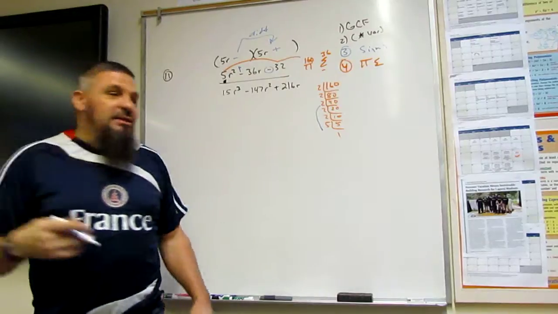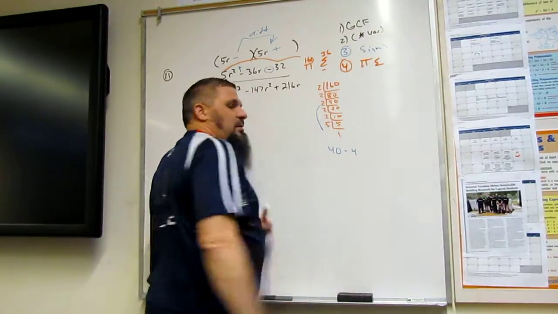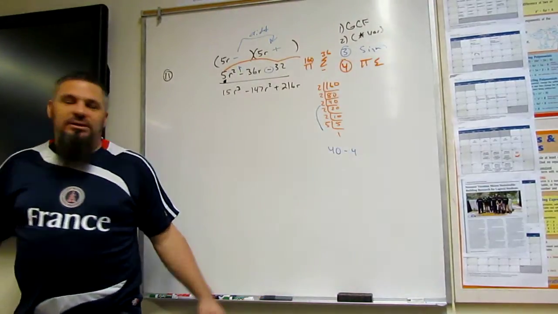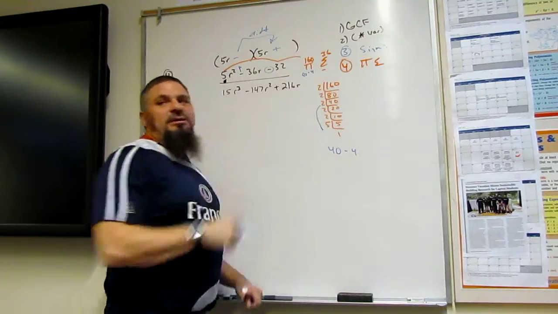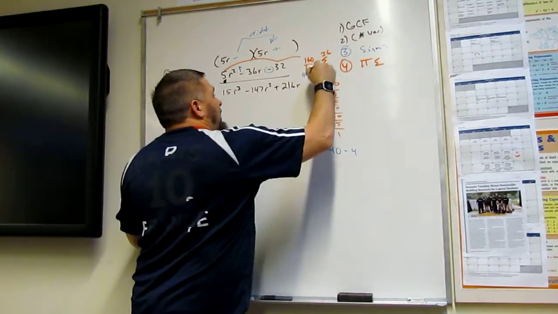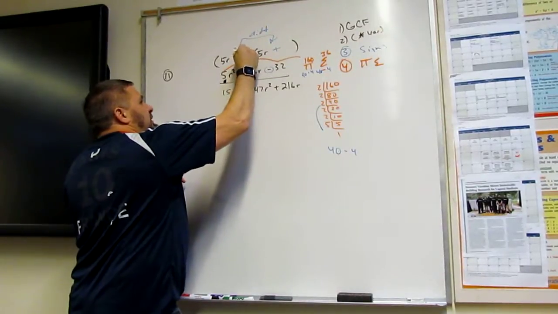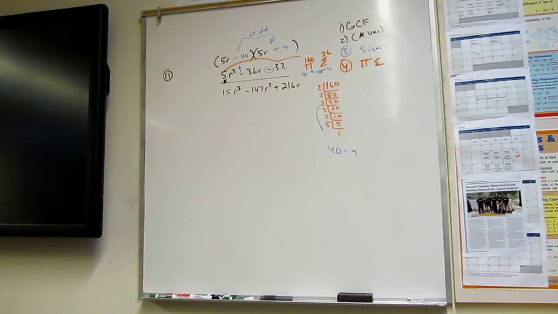So I'm just using it to go up to 40. And what's 40 minus 2 times 2, which is 4? How much is that? 36. So 40 times 4 is going to still give me 160. And 40 minus 4 is 36. So 40 and 4.